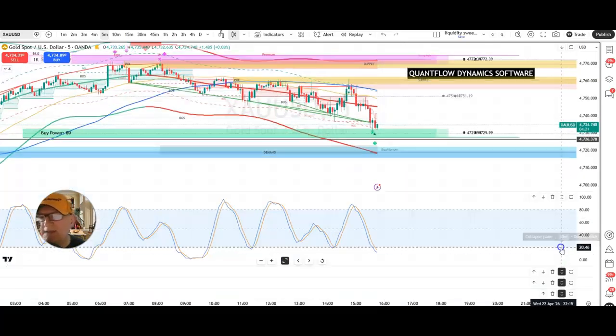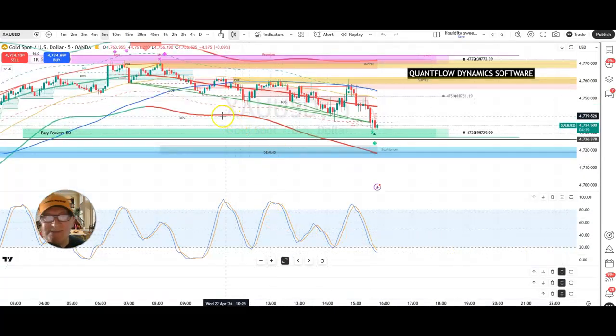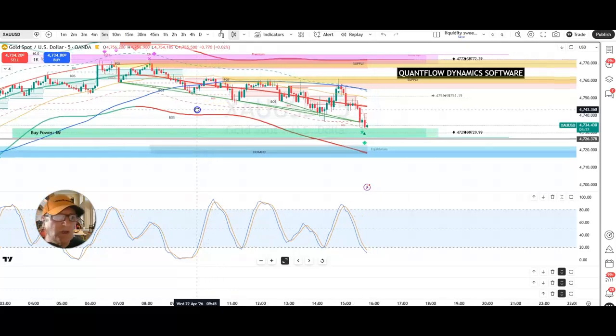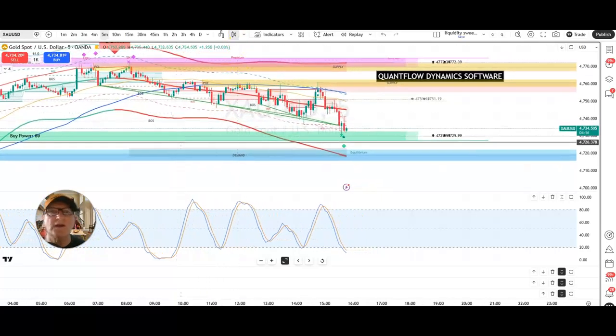And we can see here that the swing highs in a downtrend is what you're looking for. So swing high here, swing high here, swing high here. So in other words, you are selling at a premium. So you're selling at a very expensive price in terms of the chart.